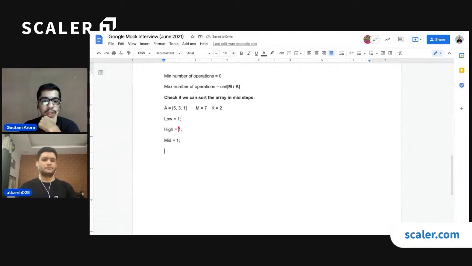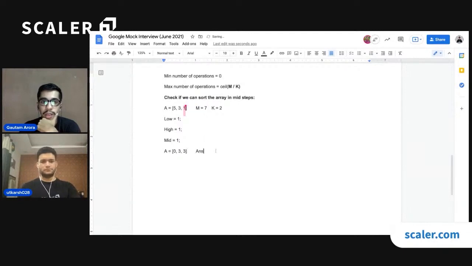Now we need to find whether this array can be sorted in one operation. If we try to make the first 5 into 0, it will become 0 in the first operation, this 3 will remain as it is, and again 1 can become 3, and the array is now sorted.